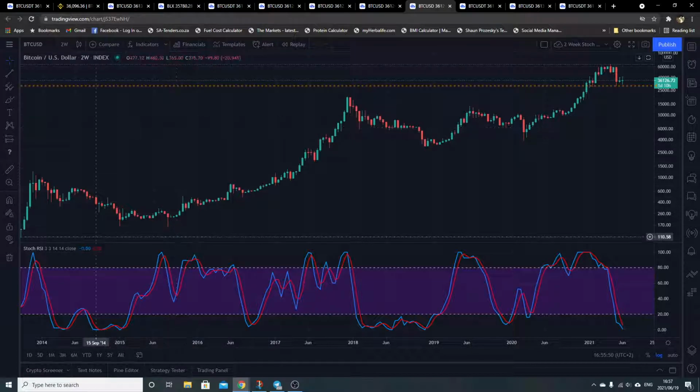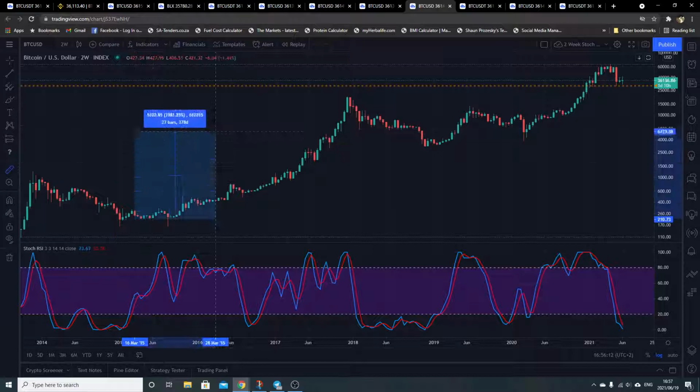So over here there was a confirmation above the 20 level mark. We got the blue across above the red, and then price soared. So let's see where this price went, and that price is there.